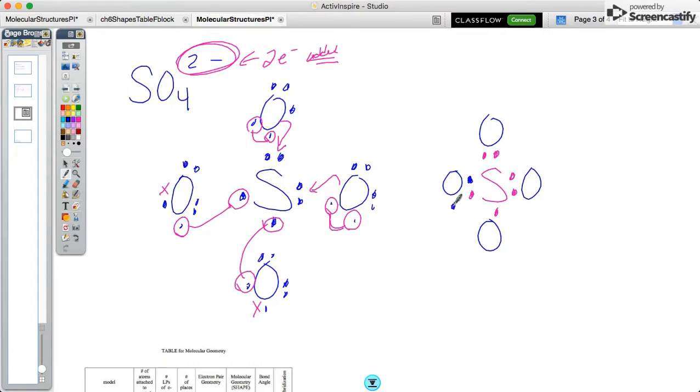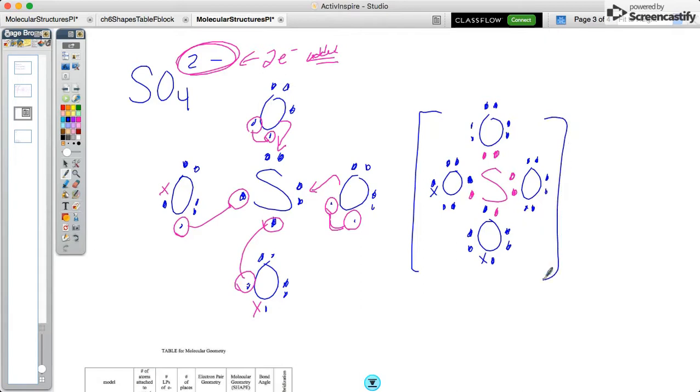And my oxygen at the left or the west and my oxygen down at the bottom or at the south each have 6 electrons, and they pick up an extra electron each. And then my 2 other oxygens have their 3 lone pairs spread around.